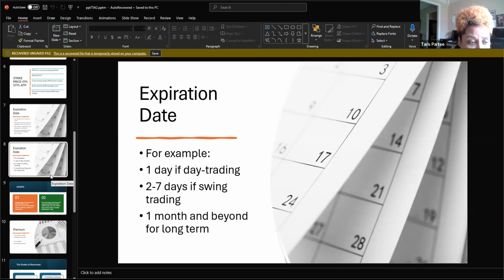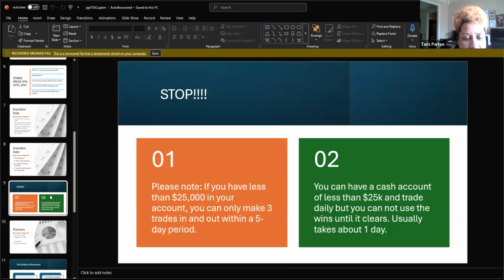It's generally 1 year or more. Now they're going to be more expensive, but they are a little bit safer because you've got more time for the price to fluctuate and do whatever it needs to do. Okay. All right. Now let's stop.